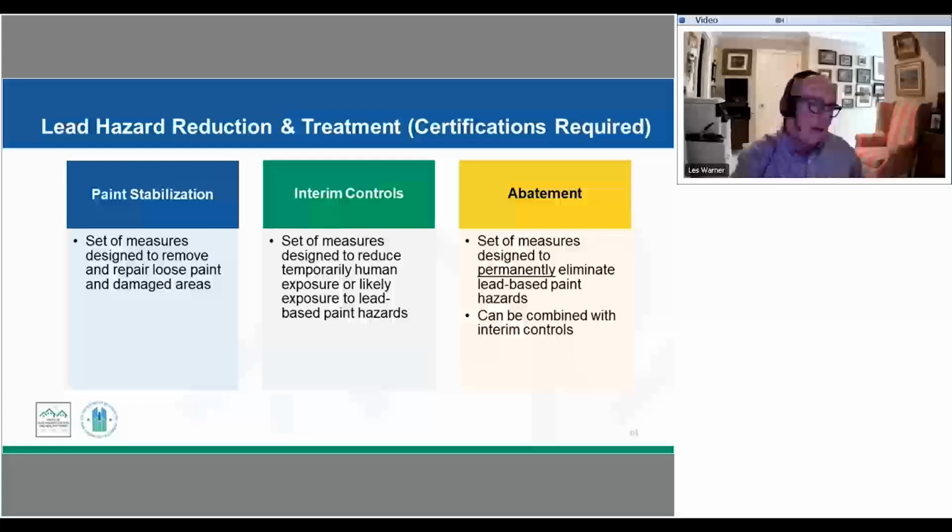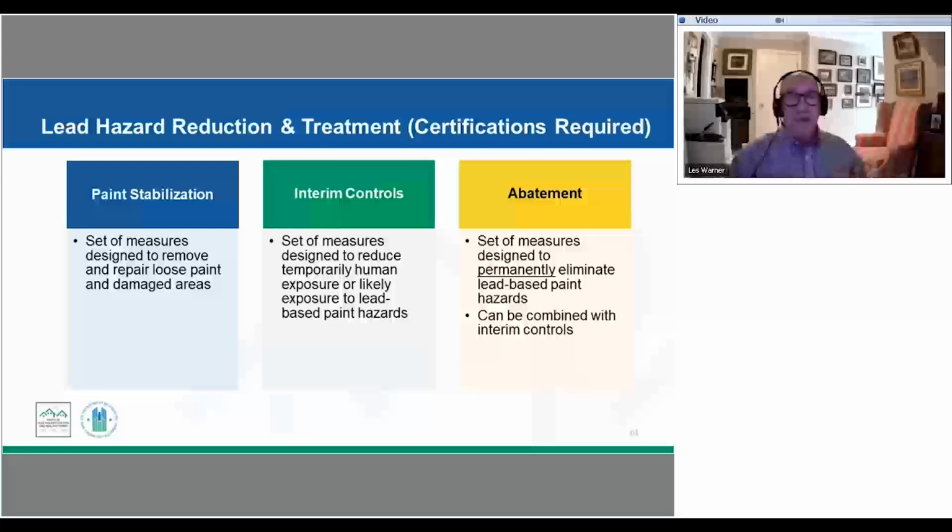And then our most permanent option here is full abatement. So we're going to do a set of measures based on what the hazard is to permanently eliminate that lead-based paint hazard. Now, I just want to caution, sometimes folks will assume when we talk abatement that all lead has been removed. It may be that we have done a permanent fix to protect.